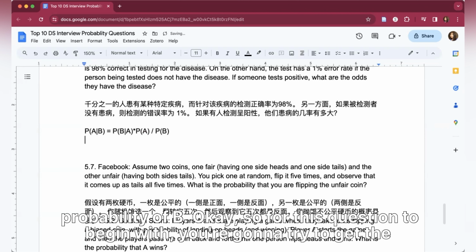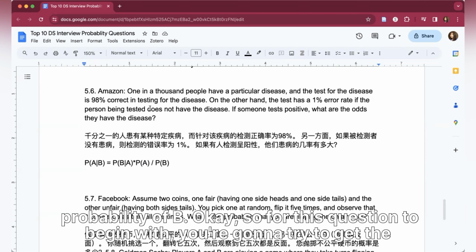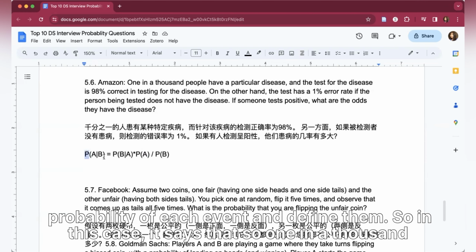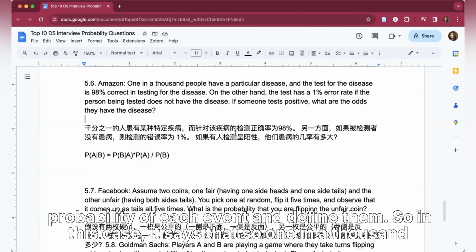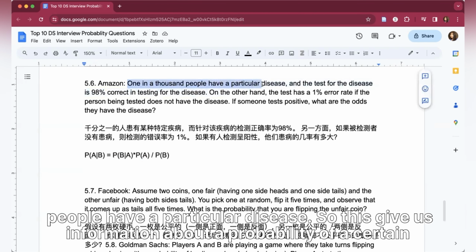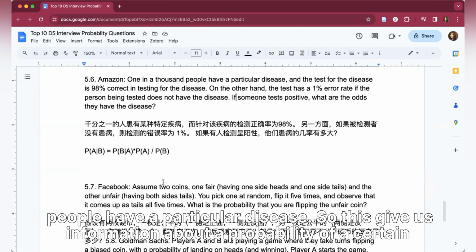For this question, to begin with, you're going to get the probability of each event and define them. It says 1 in 1,000 people have a particular disease. This gives us the probability of a certain disease.